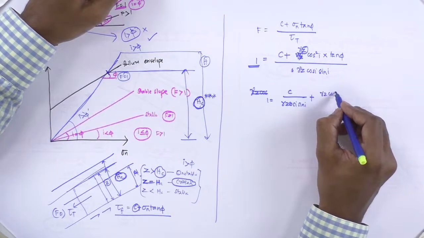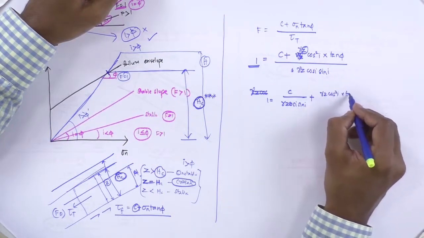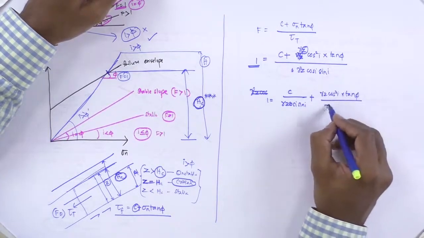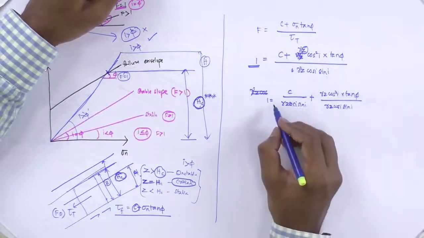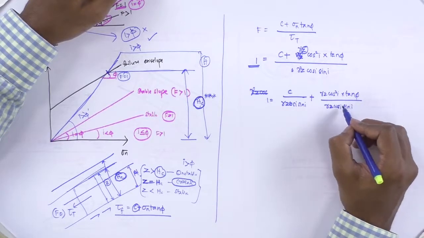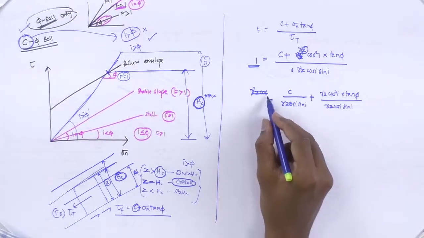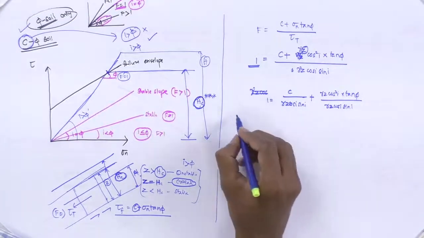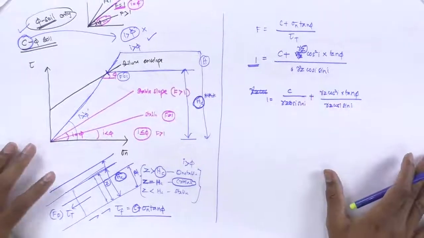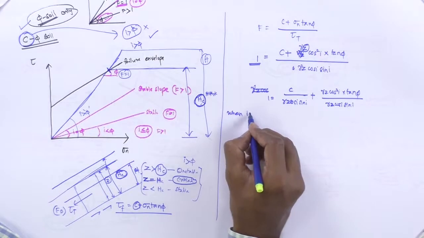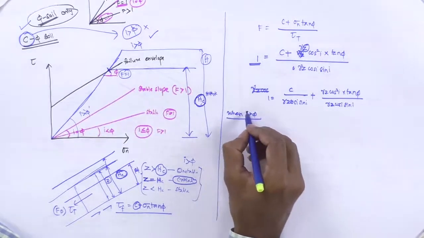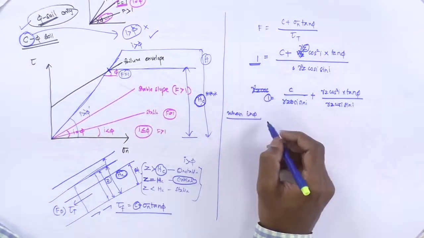So gamma z cos square i into tan phi divided by gamma z cos i into sin i. I can rewrite this. So this is a factor of safety 1. So in all these cases, when i is greater than phi only, it can be equal to 1.